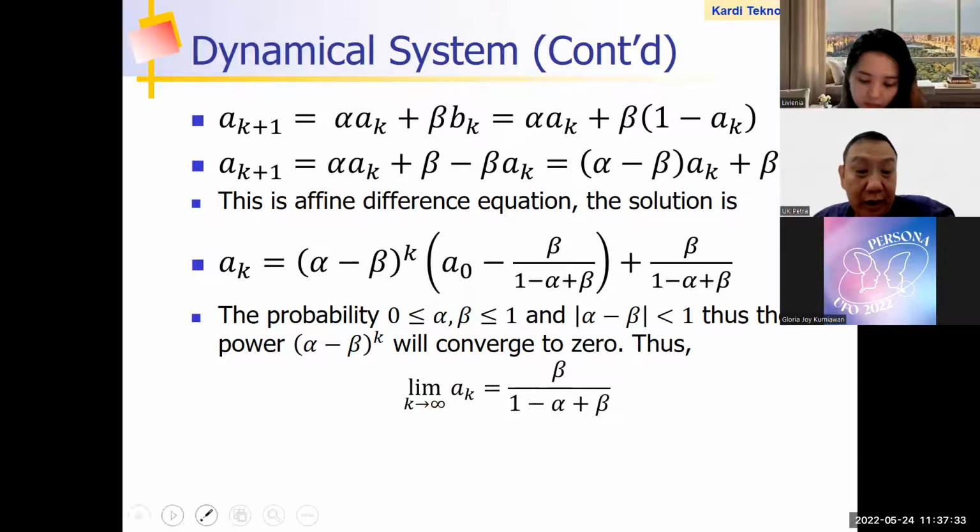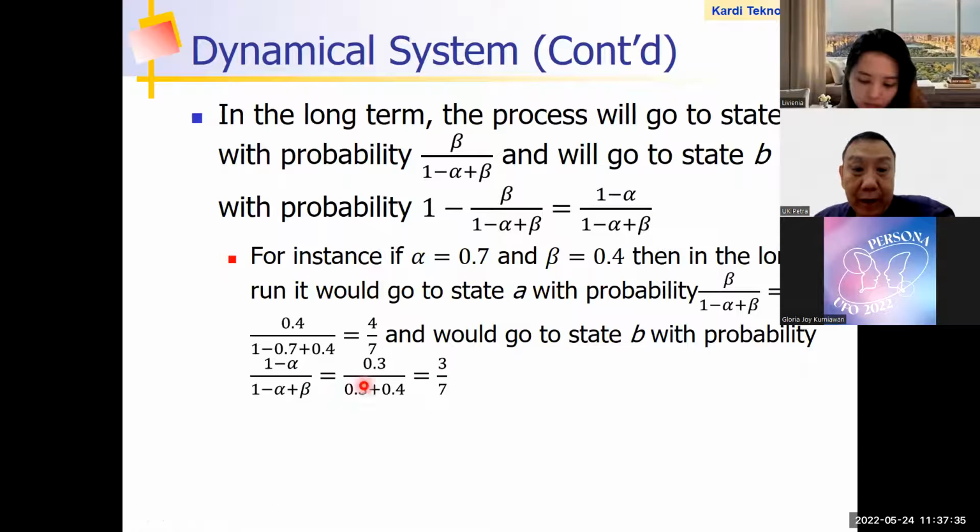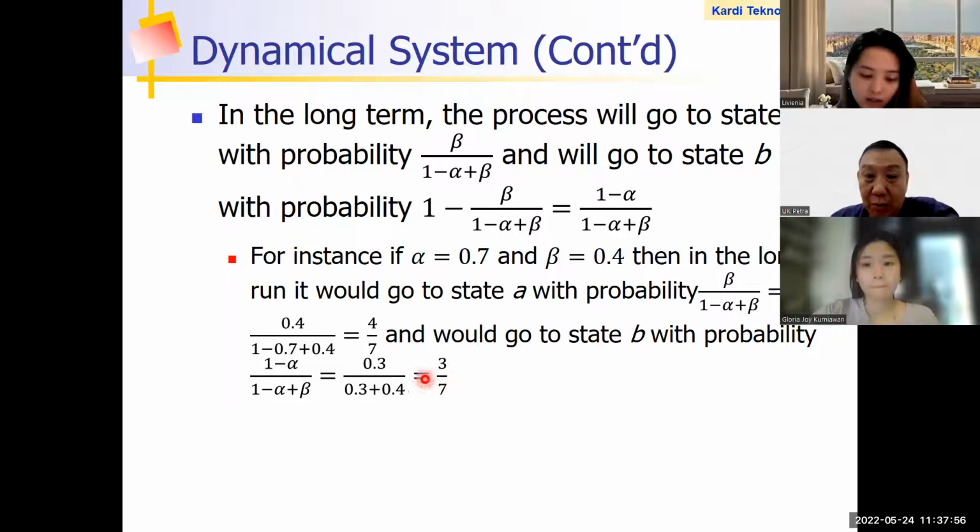Now I can get A_k and B_k. So from here I can also get B_k. If I know alpha and beta, in the long run it will go to state A with this probability and go to state B with this probability.